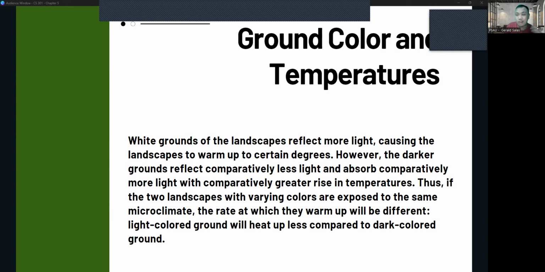So, darker the grounds, it reflects comparatively less light, and absorbs comparatively more light with comparatively greater rise in temperatures. So, yung ating mga darker grounds, they absorb more light, and yung more light na to ay nagiging cause ng higher temperature.